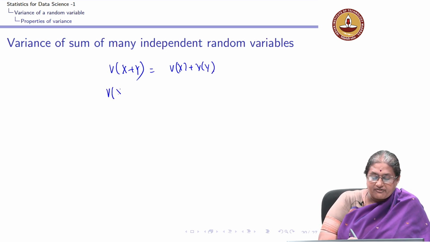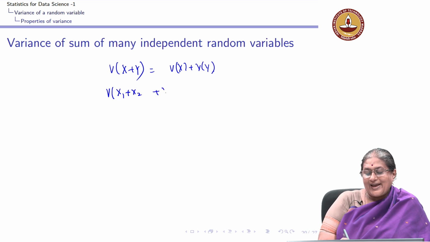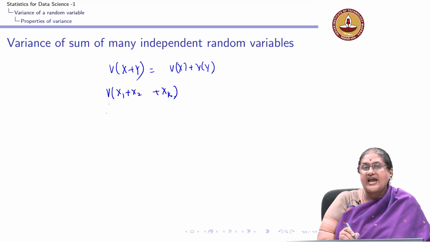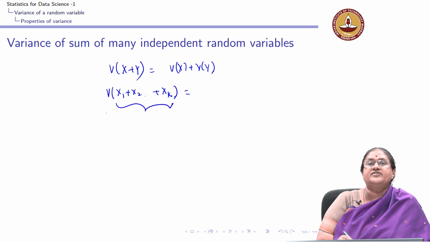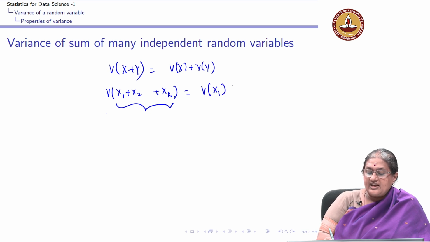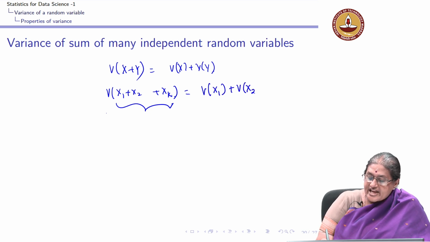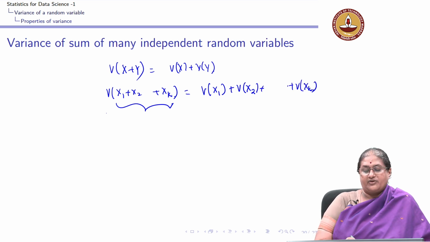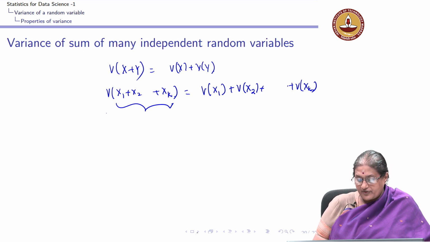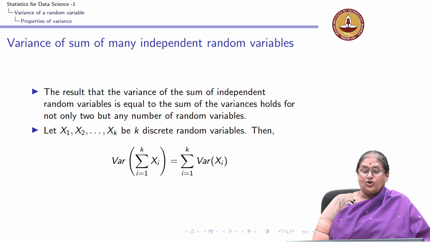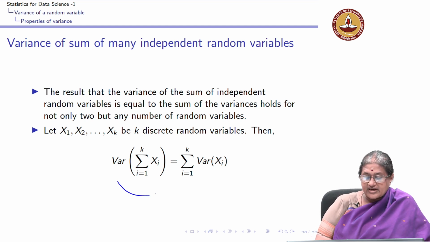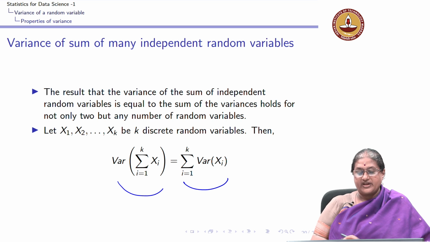In particular, if I have x1, x2, up to xk, which are k independent random variables, the variance of the sum of these k independent random variables is the sum of the variances of the k independent random variables. Variance of sum is sum of variances. I can extend this not only to 2 but to k variables.